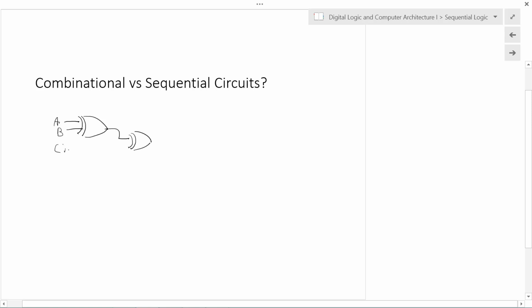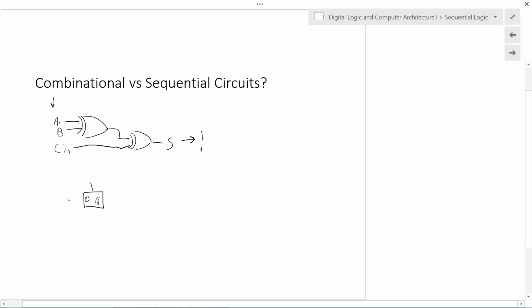Let's say this is for the calculation of S in an adder. Notice that if either A or B or C in change, then we see an immediate output here on S. S will immediately change.